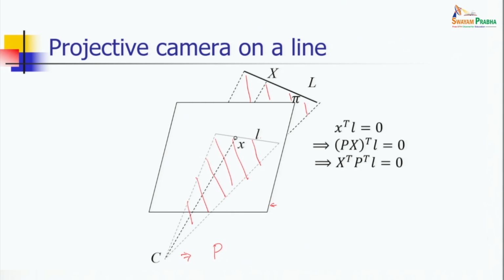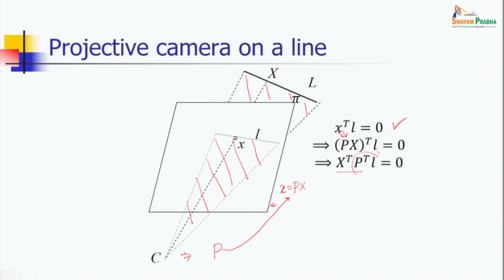Let us consider the point containment relation. Suppose x lies on l, I can write x transpose l equals 0. Since x is the image of X, we have the relationship x equals PX with this projection matrix. Replacing x, we get (PX) transpose l equals 0, and using matrix algebra, X transpose P transpose l equals 0.